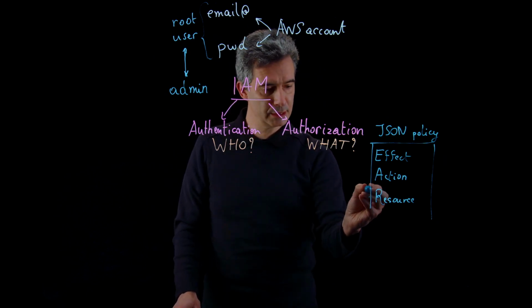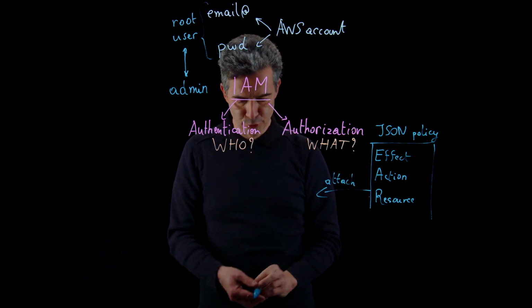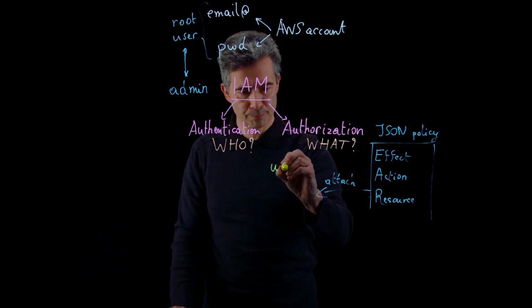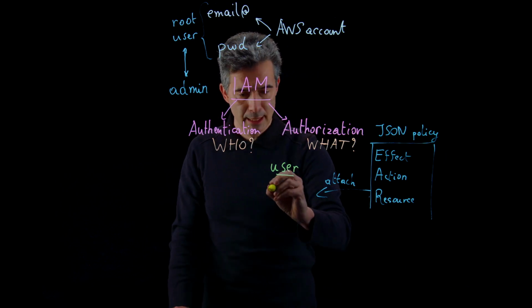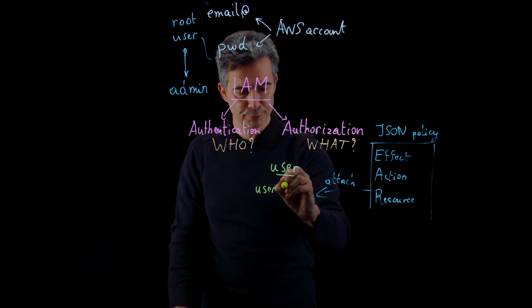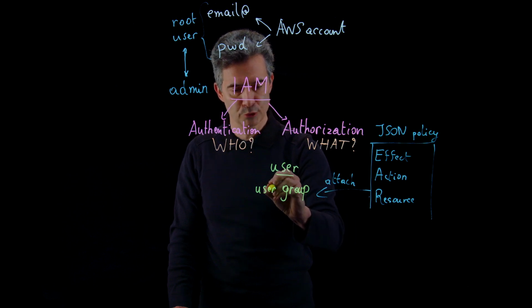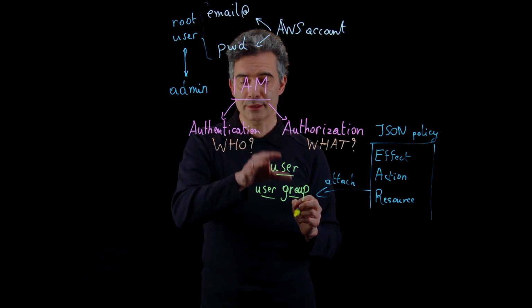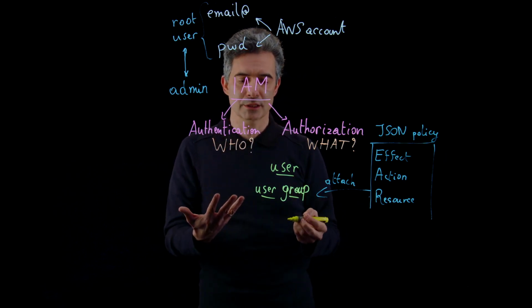What can we do with this? We can attach this policy either to an IAM user, like for example our admin user that we're trying to create, or a user group, which literally is a collection of users, which we generally recommend, because if you create permissions for each individual user, you might have an inconsistent situation.